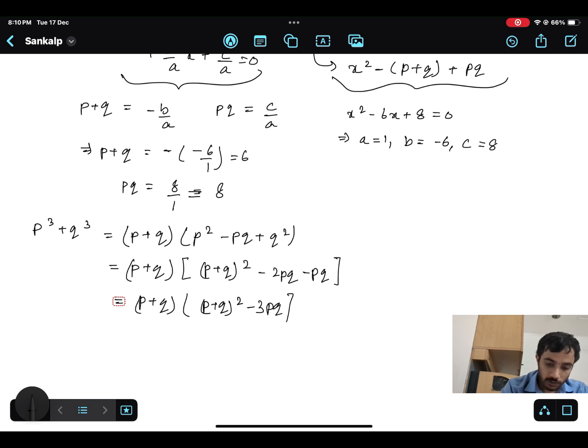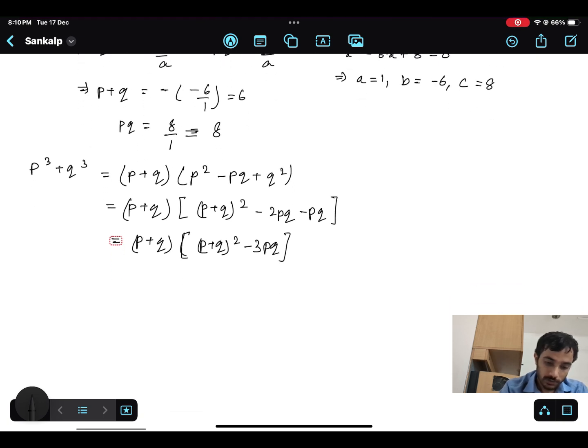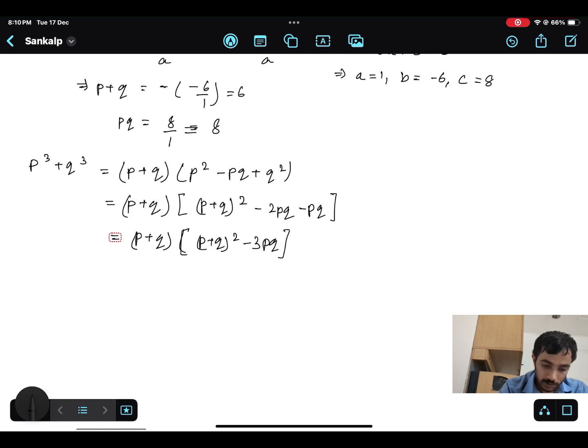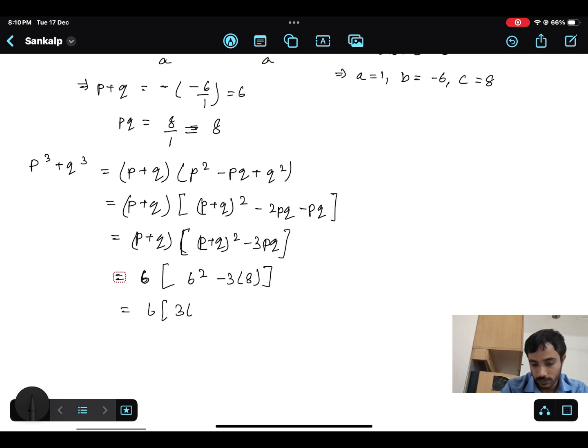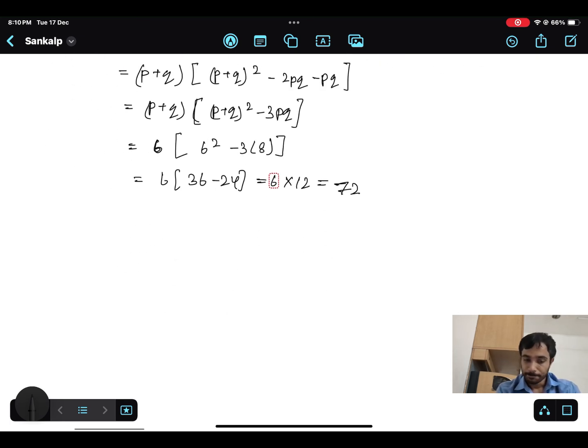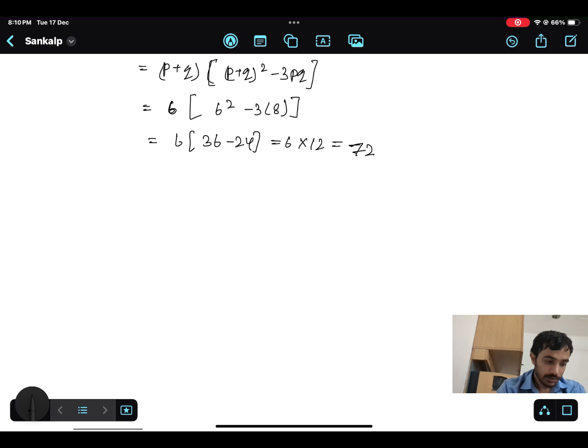Now we know the value of p plus q and pq, so we can directly substitute 6 into 6 square minus 3 into 8, 6 into 36 minus 24, 6 into 12 as 72. So our required answer is 72.